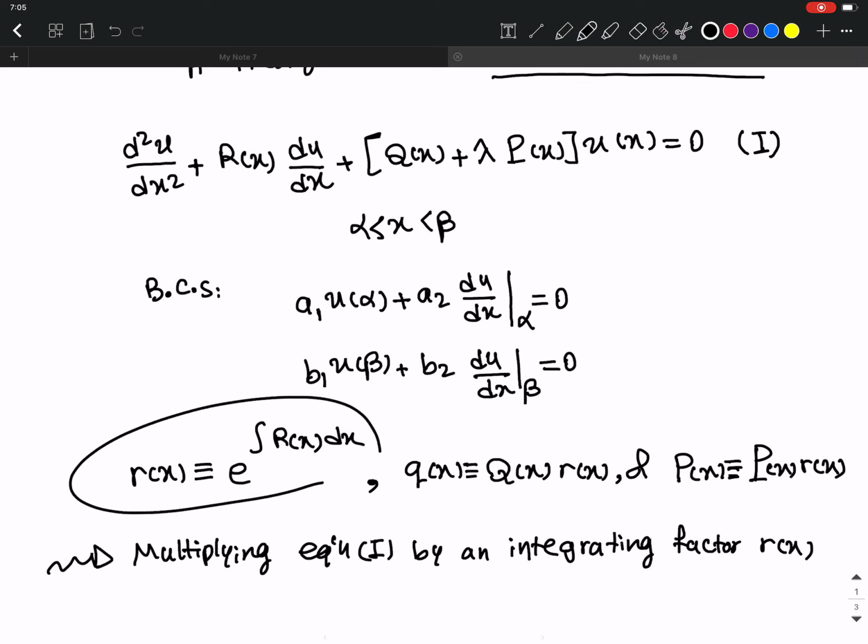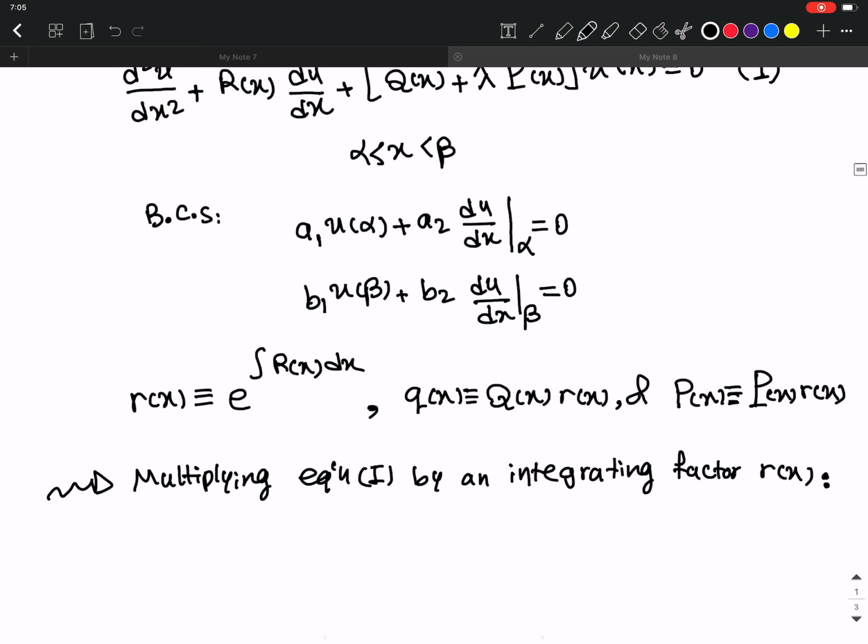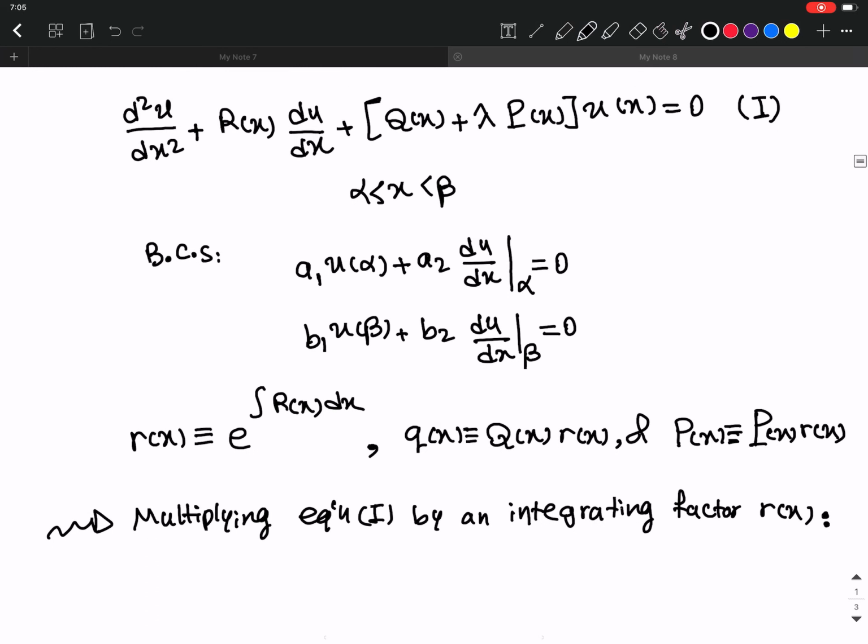So this is an integrating factor. I'm gonna multiply equation 1 by this integrating factor, and then I'm gonna reduce it to a more common form of Sturm-Liouville problem. In order to do so, I'm gonna first calculate the first two terms of this, and see how they look.